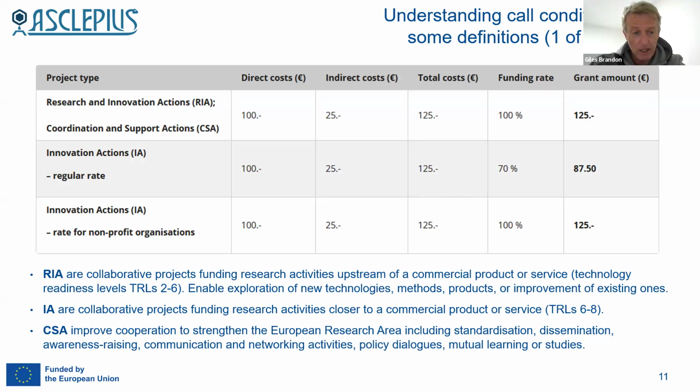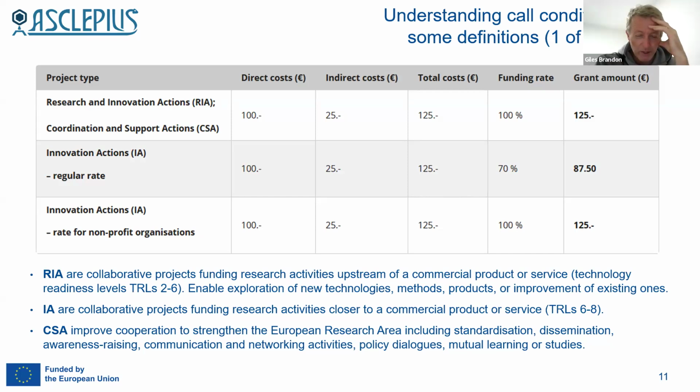Innovation actions are also collaborative projects funding research activities, but they're closer to a commercial product or service. The TRL levels are typically around 6 to 8. And then CSA, coordination support actions, are all about improving cooperation to strengthen the European research area.